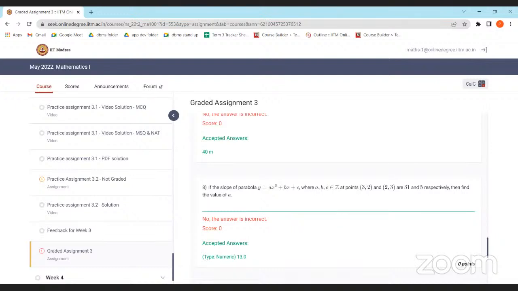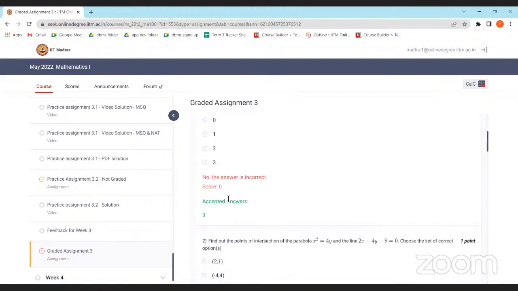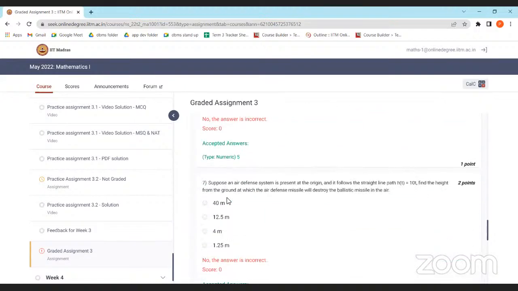Sir, in this question, a, b, c belong to Z. I got 15.5, but I was confused about how to put the answer. 15.5 is not an integer, so I put 16, and my answer was marked wrong.